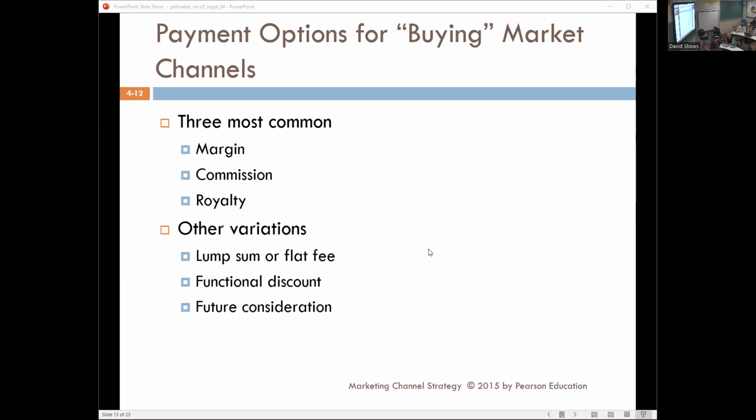The commission is when you make a fraction of the retail price. And so an example might be, when I was selling computers, my commission was 6% of sales. And so if I sold a computer system for $1,000, I would make $60 on that sale.